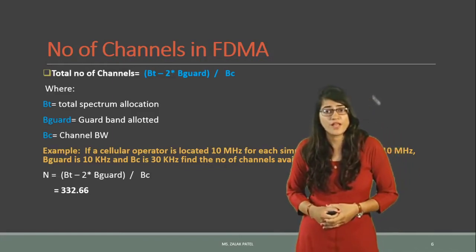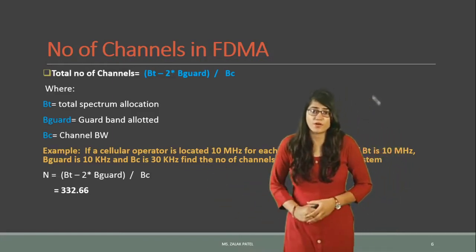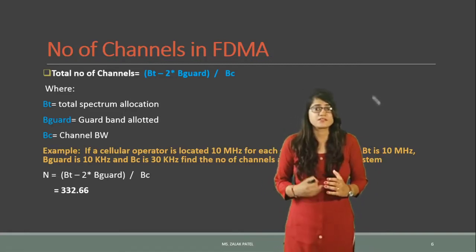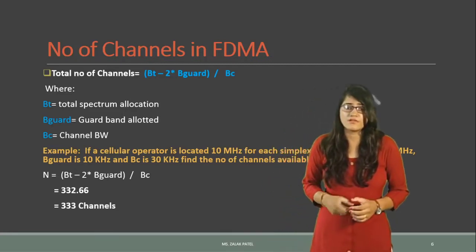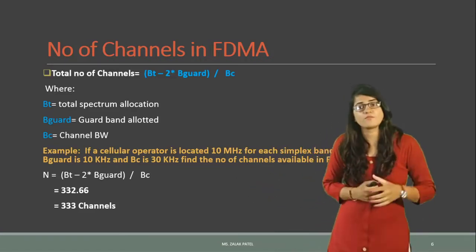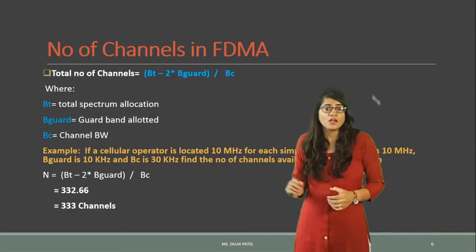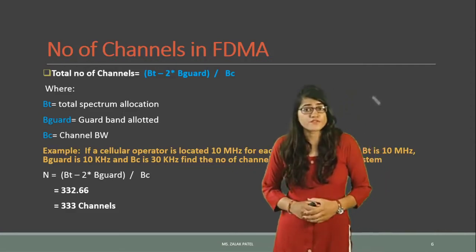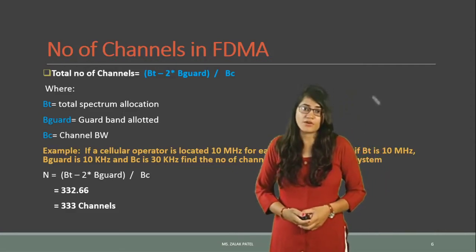If you put all the values, the answer will be 332.66. But the channels should be an integer, so the available channels is 333. This type of one-marker question can be asked: find out the number of channels available for the cellular operator.